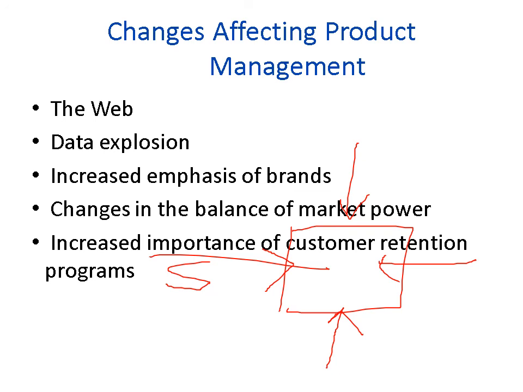Customers should always have a choice. So it is much better that you have customer relationship management, because it is more expensive to acquire customers than to retain them. Increased global competition.